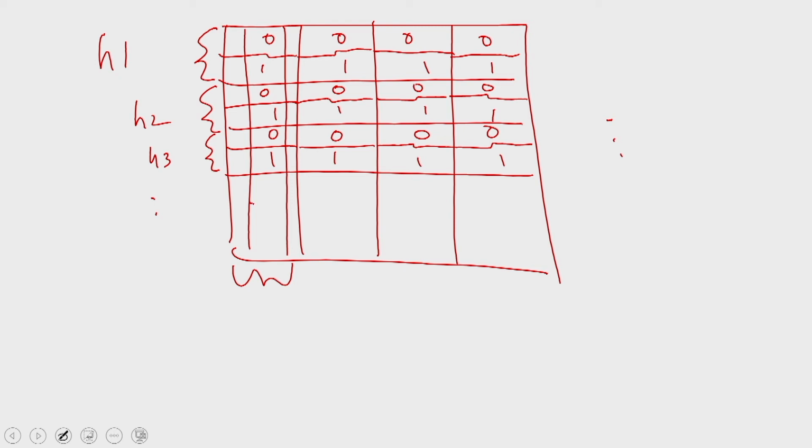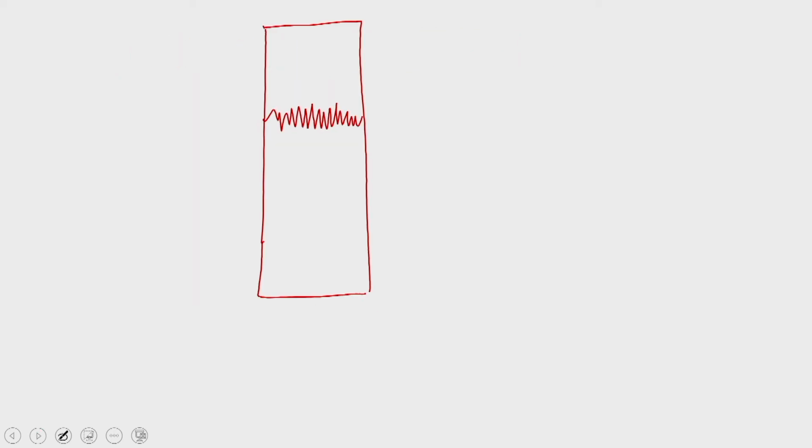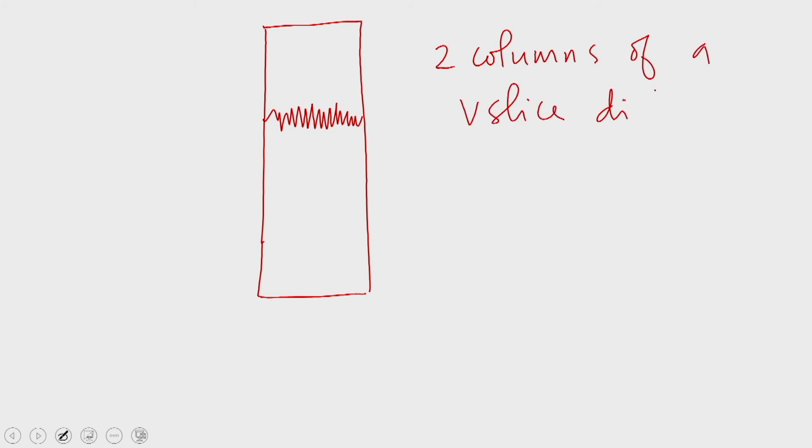Therefore, if you consider 2 columns, the difference in the number of ones cumulatively could be at most n power 1 by 8. Therefore, what we know at this point is that 2 columns of a vertical slice differ by at most n power 1 by 8 in the number of ones.